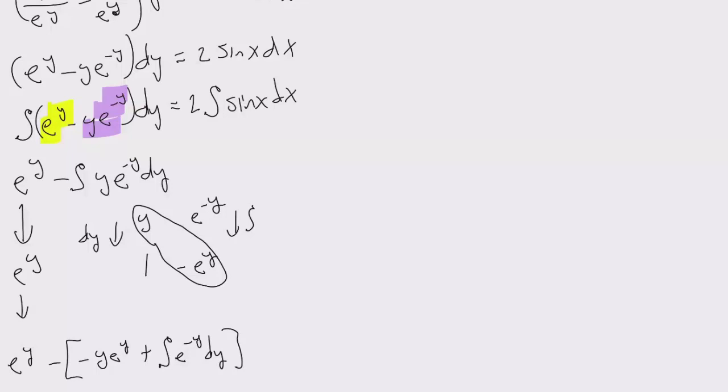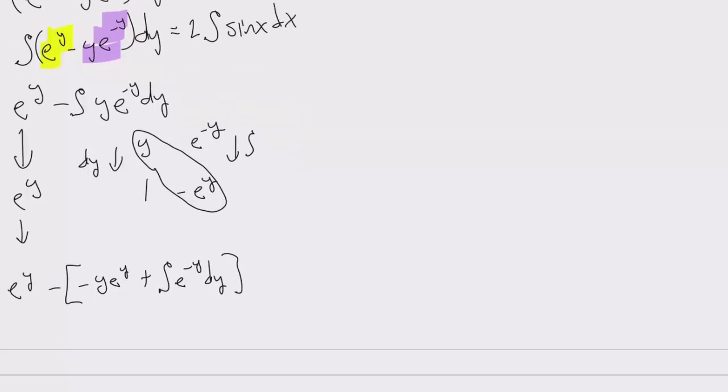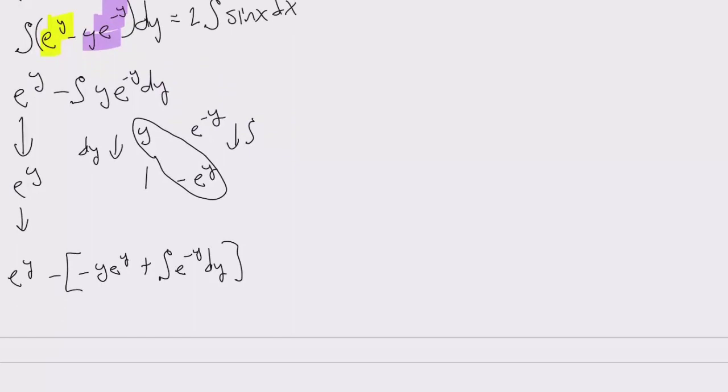And that one works out nice and pretty. So I should end up with e to the y plus y e to the y. Maybe a little bit careful about my notation there, e to the y, plus e to the negative y.